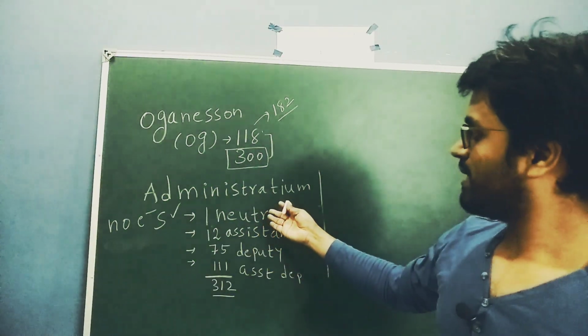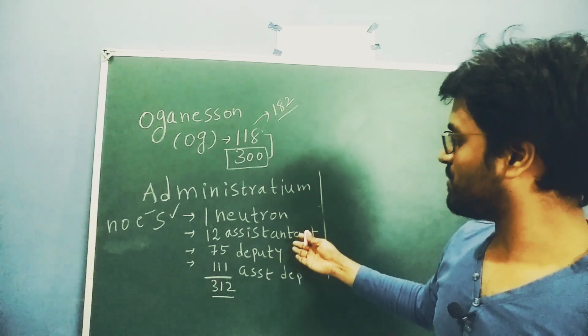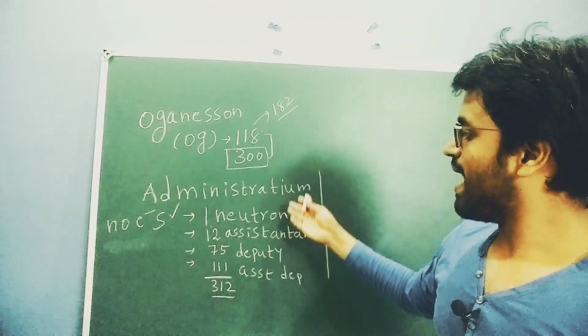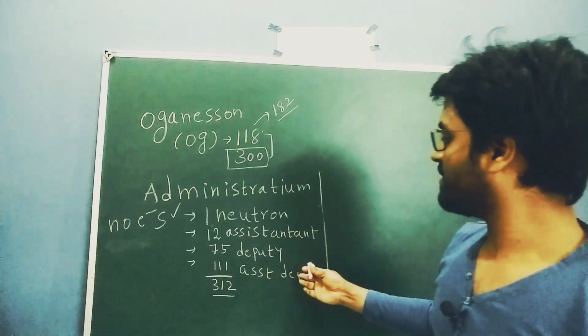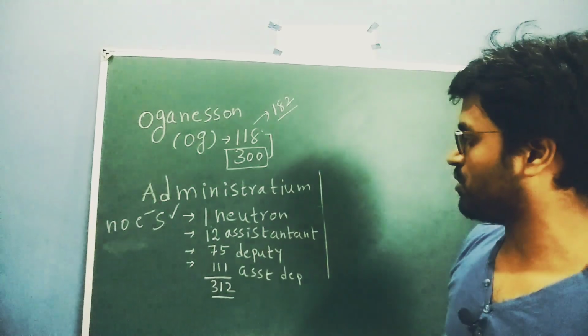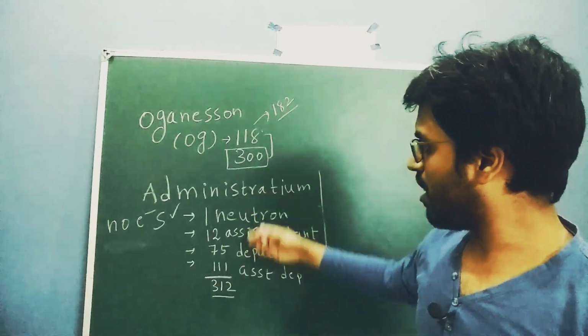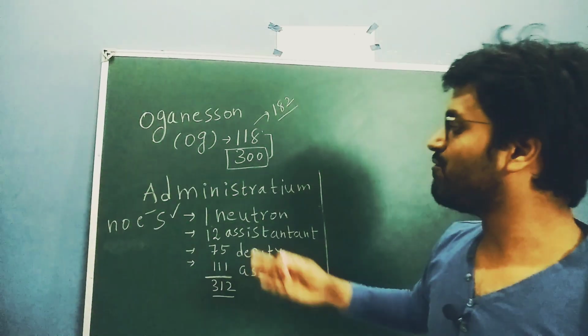How? See, it has one neutron. Along with one neutron, it has 12 assistant neutrons, and it has 75 deputy assistant neutrons and 111 assistant deputy neutrons. If you add all the kinds of neutrons, then you will get a mass number of 312.